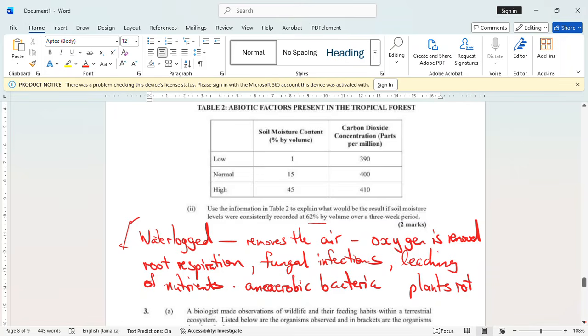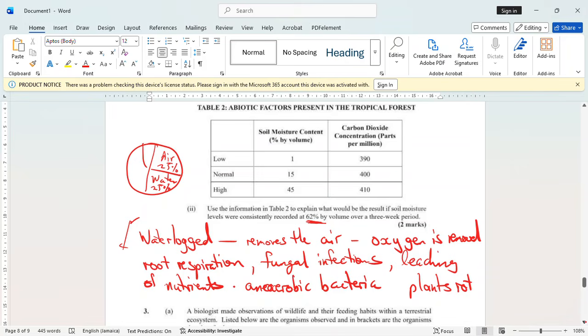So again, it's really linking this to say that we have a waterlogged condition, and water and air occupy the same space within the soil. So once you have the water coming in, it's going to limit the amount of air that is available. A typical soil, the composition, air is 25%, water also 25%, and this is an average soil.